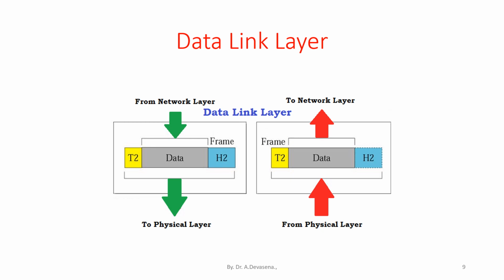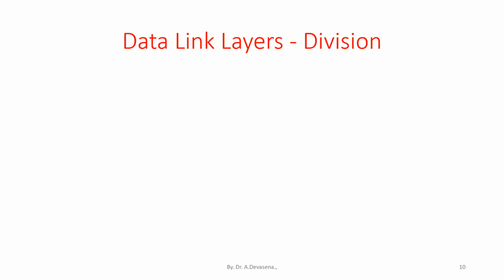This is indicated here, and from the other side, data is passed from the physical layer to the data link layer, and from the data link layer it is passed to the network layer. It is represented here.